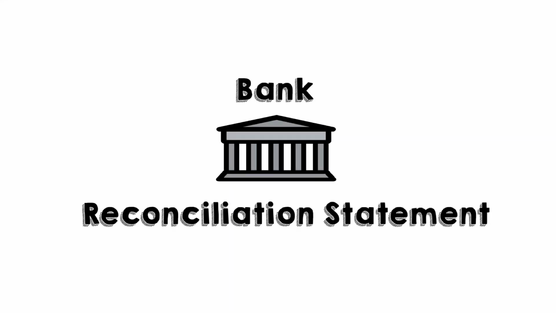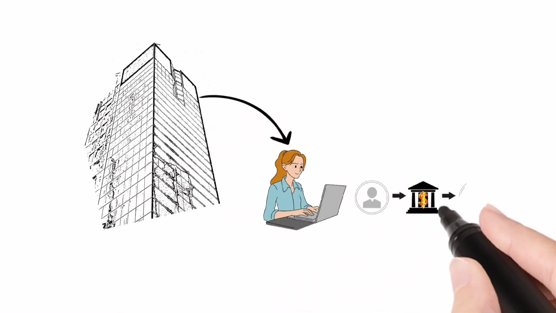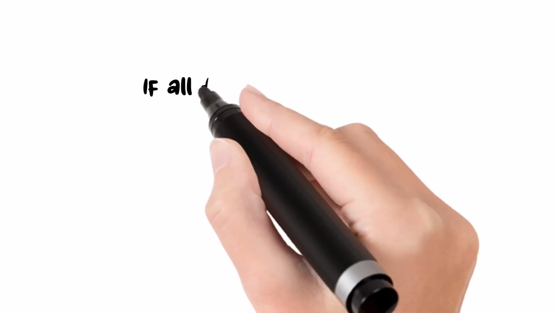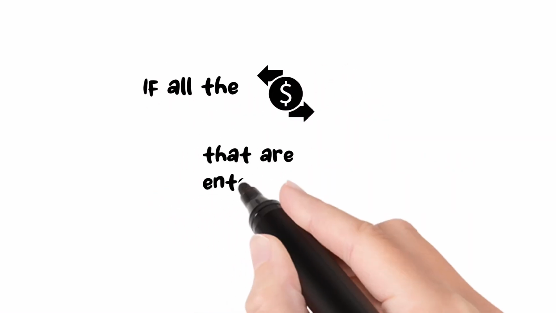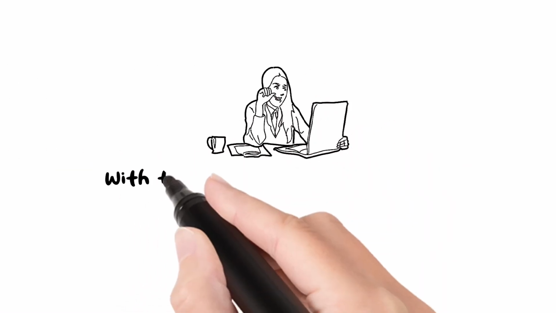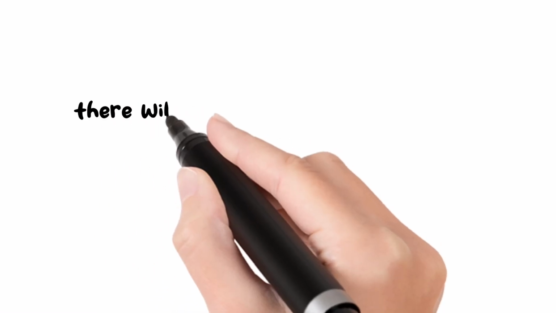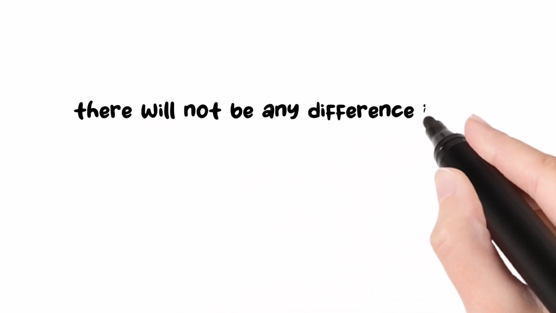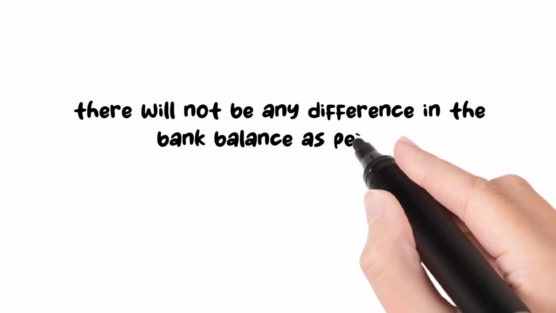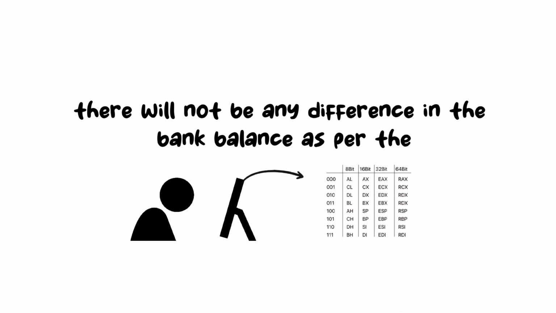Bank reconciliation statement. Almost all business entities maintain a Cashbook to record bank transactions. If all the transactions entered in the Cashbook match those in the bank statement, there will not be any difference in the bank balance as per the Cashbook and bank statement.